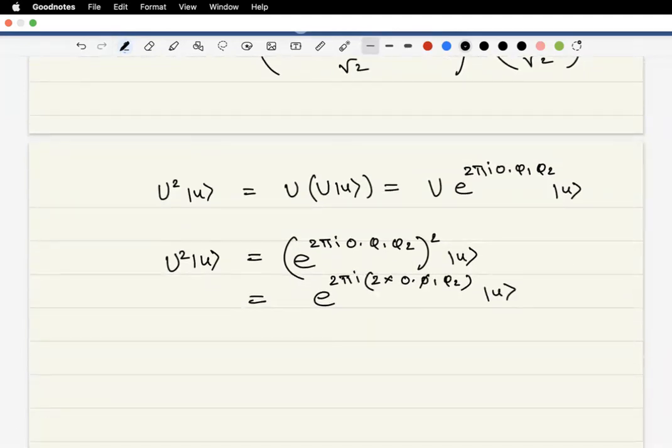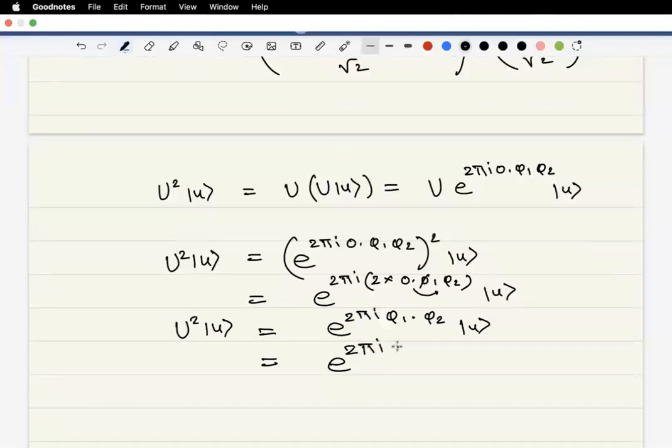What happens when I multiply by 2? I shift the decimal to the right. So this is going to be e to the 2 pi i phi1.phi2 u, which is just equal to e to the 2 pi i 0.phi2 u, since e to the 2 pi i phi1 is equal to 1. Whether phi1 is 0 or 1, e to the 2 pi i phi1 will be 1. So therefore, u square applied to u will be e to the 2 pi i 0.phi2 u.